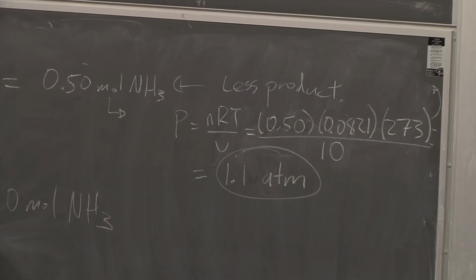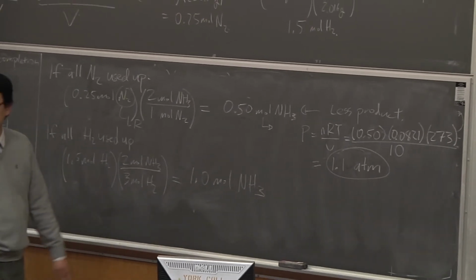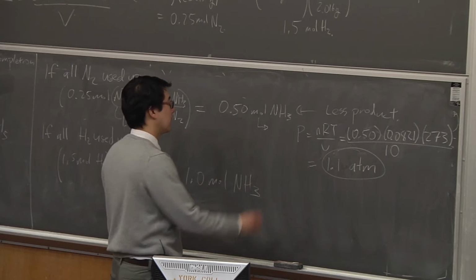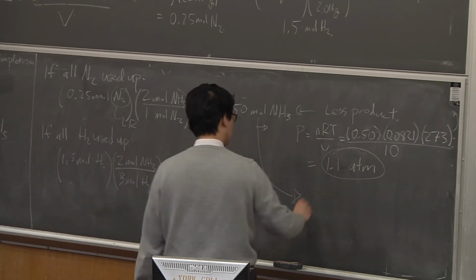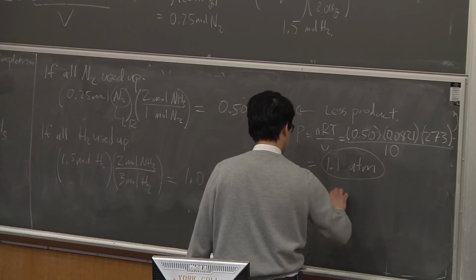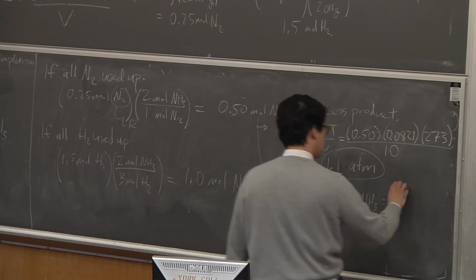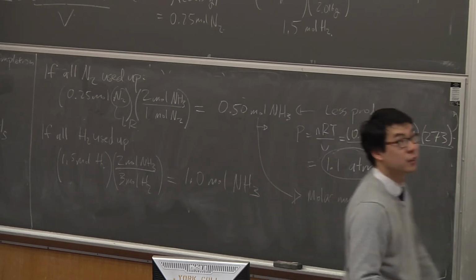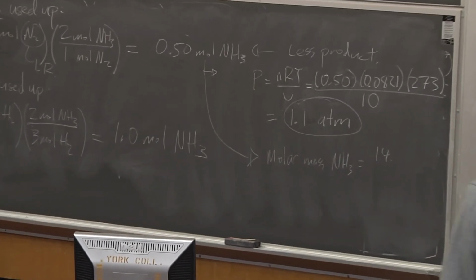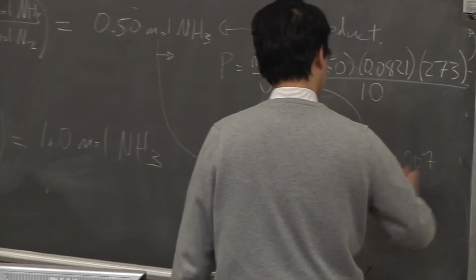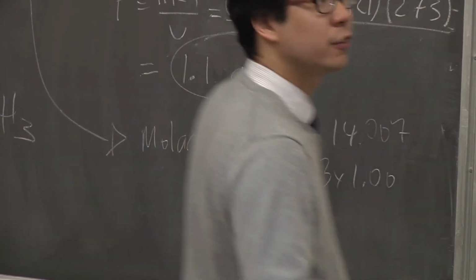And let's find the mass of NH3. Can we do that? How do we do that? Well, we know the moles still. So the molar mass of NH3 is 14.007 plus 3 times 1.0079, is that right?